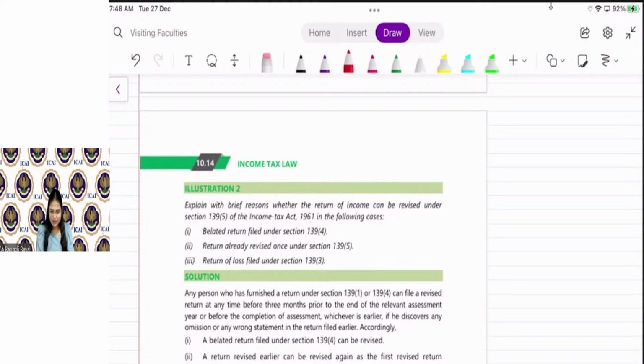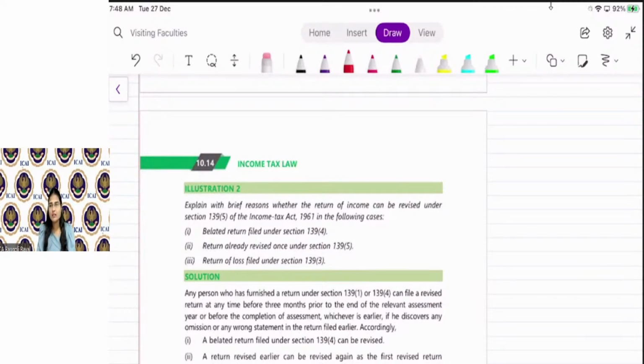Explain with brief reason whether the return of income can be revised under section 139 subsection 5 of Income Tax Act in the following cases. Belated return filed under section 139 subsection 4. Yes.